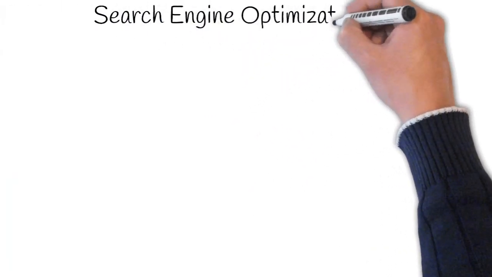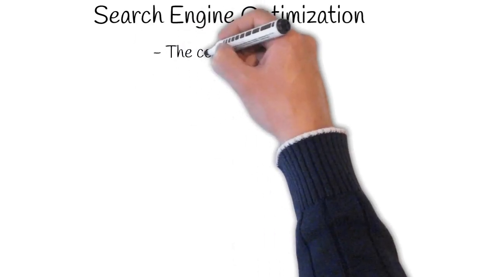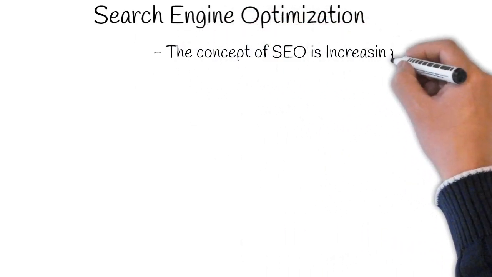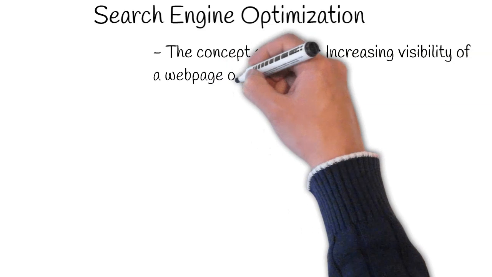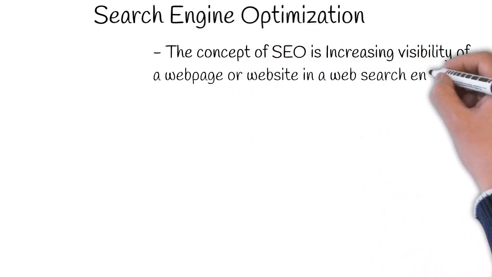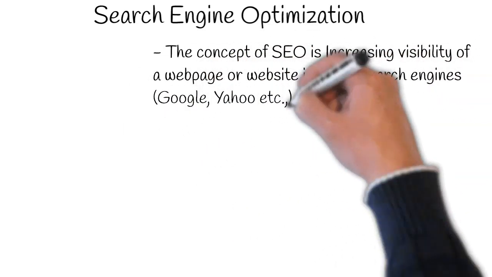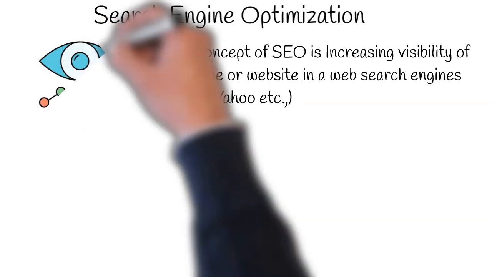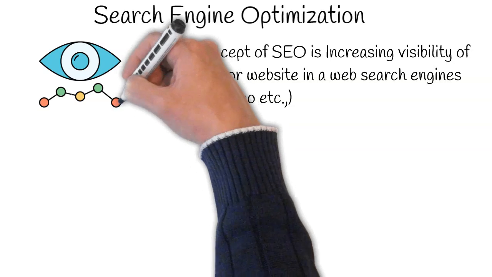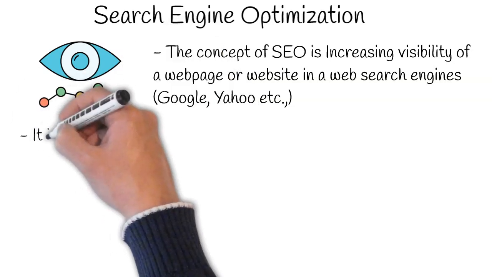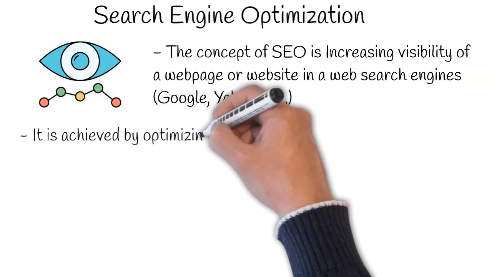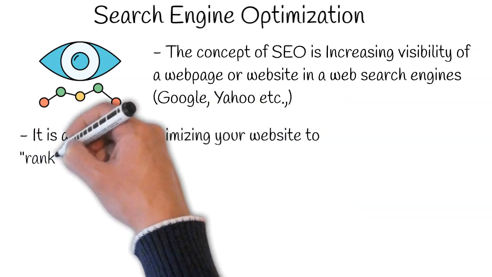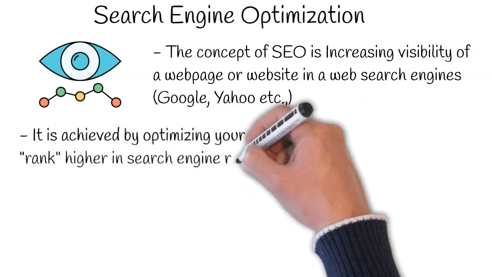Search engine optimization. The concept of SEO is increasing the visibility of a web page or website in web search engines, for example, Google, Yahoo, etc. It is achieved by optimizing your website to rank higher in search engine results pages.